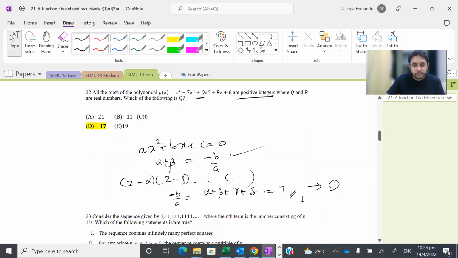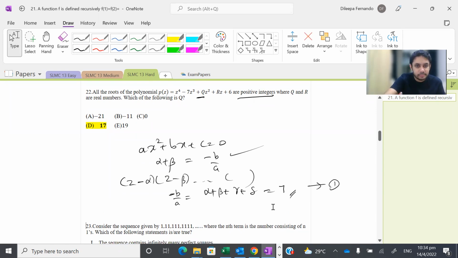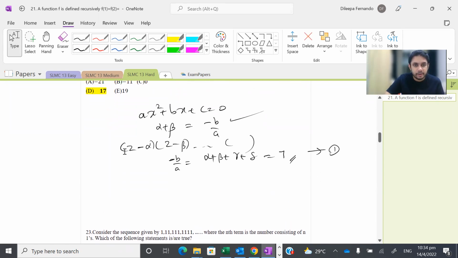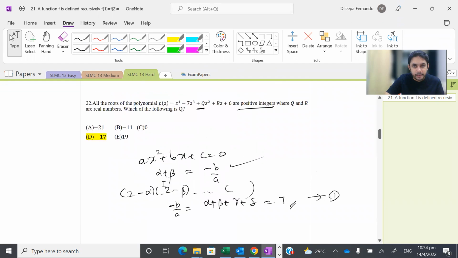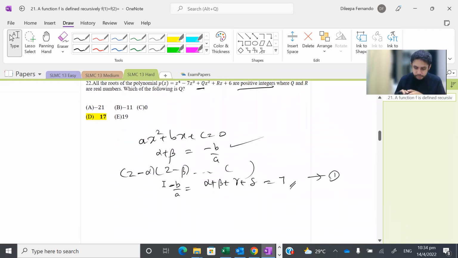So similarly, I'm not going to prove those parts. These things can be derived by using the above expansion, and then Q. So you can see that Q equals the summation of products of two roots.